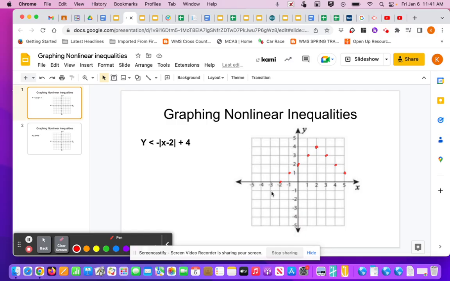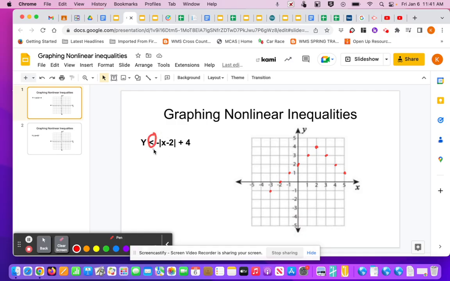And I will extend it. There we go. That looks pretty good. So this is your absolute value. This is what the graph looks like. If this was an equation, remember, we would connect all of these points, put arrows on it, we'd have solid lines, and we would be done. But with inequalities, it's a bit different. What you need to do is consider the inequality symbol again. This time we have a less than.